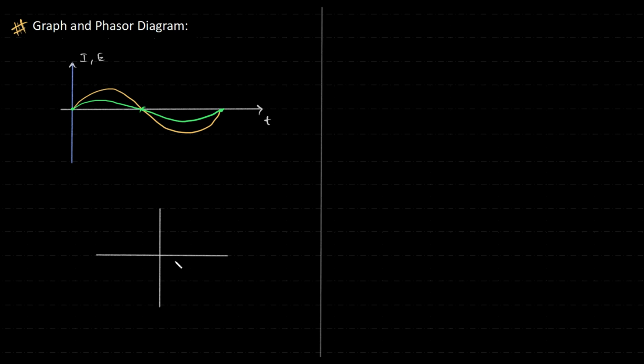At the time at which the maximum of voltage is passed, at the same time the maximum of the current also will be seen. So basically, your phasor diagram will look like this. That's your maximum voltage. That's your maximum current. They'll be in phase.